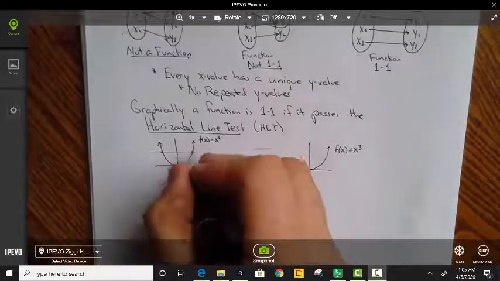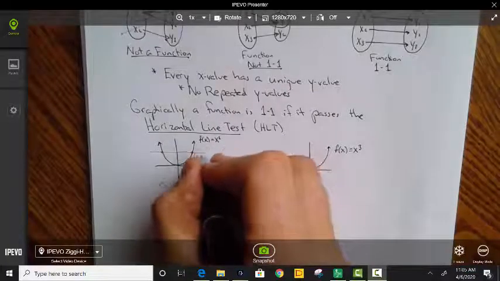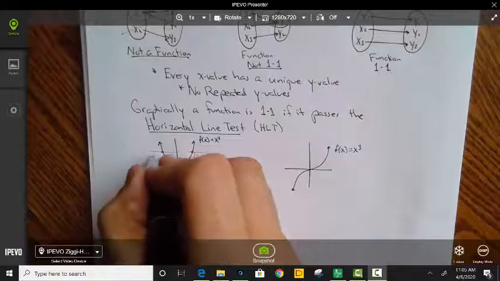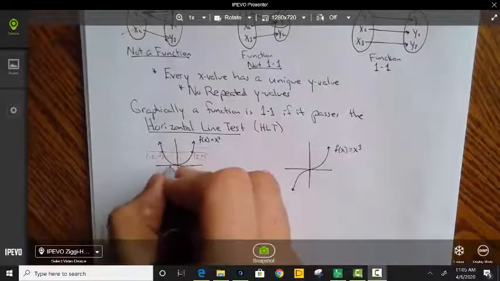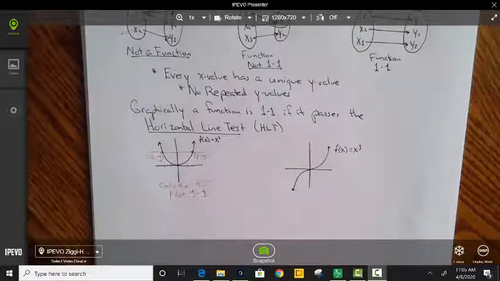We can see that because 2 squared is 4, and over here we have -2, and -2 squared is also 4. So we see that we have a repeated y value.